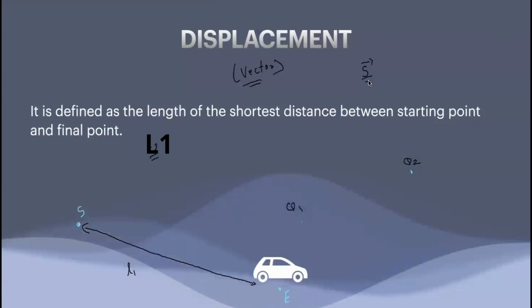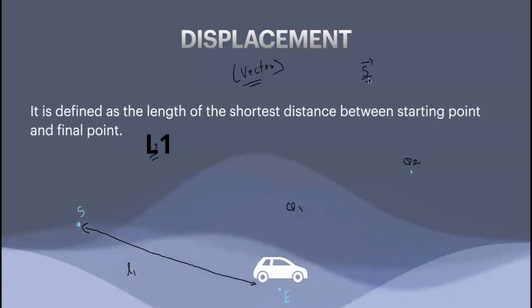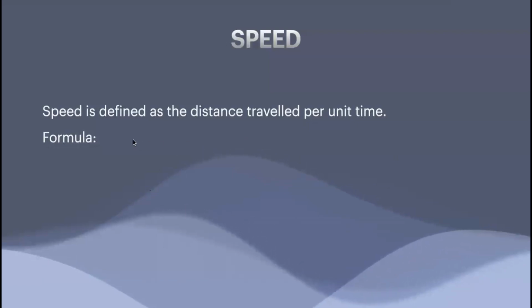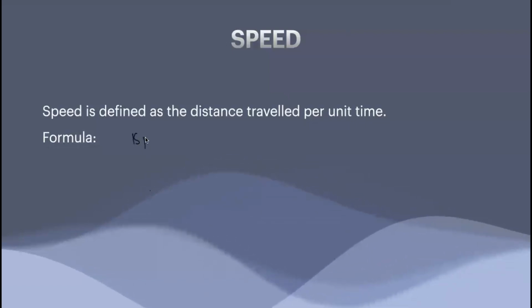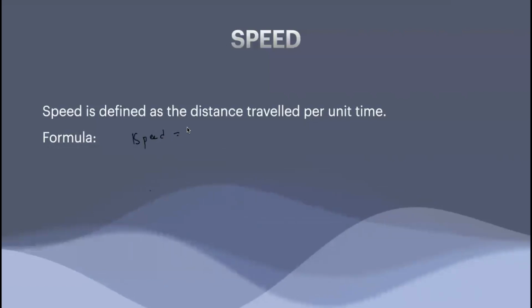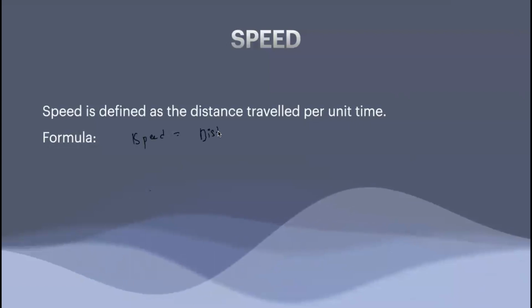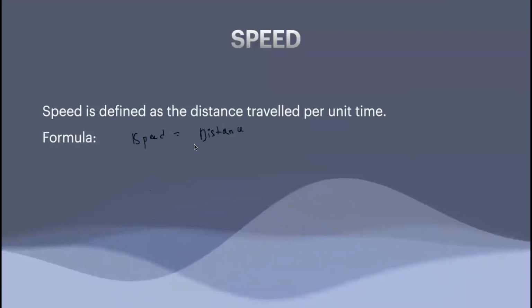The displacement is usually represented by this. Is this clear? What is distance? Distance is a scalar. Displacement is a vector. Okay, and displacement is represented by the letter S. Clear? Now, what is speed? Speed is defined as distance traveled per unit time. Speed is equal to distance by time.